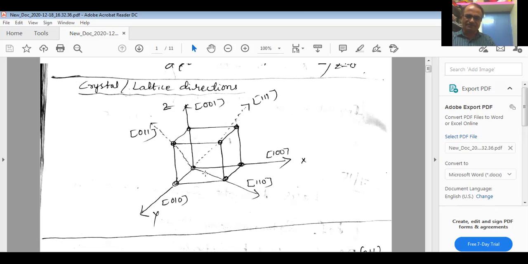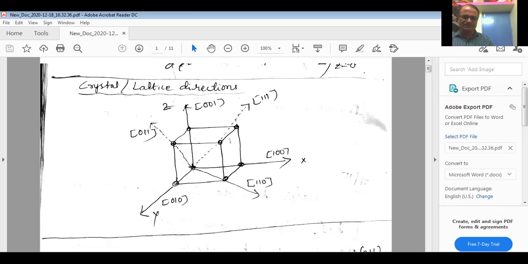Suppose you are coming along this direction which passes through this atom, so this is the 110 direction, because this atom is in the xy plane, so the coordinates of x and y are there, the z coordinate is 0, so this is called the 110 direction.